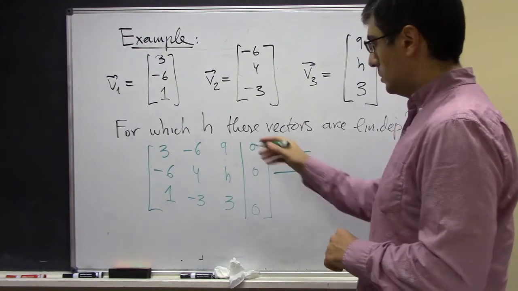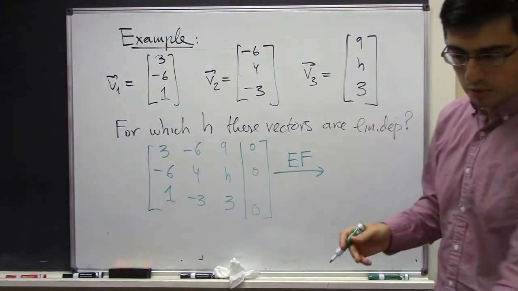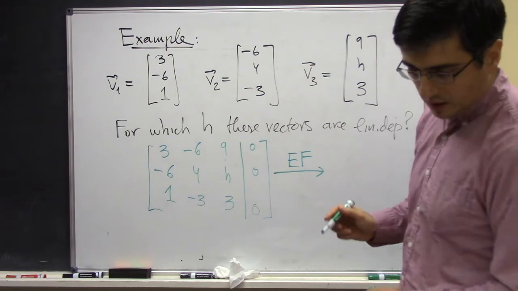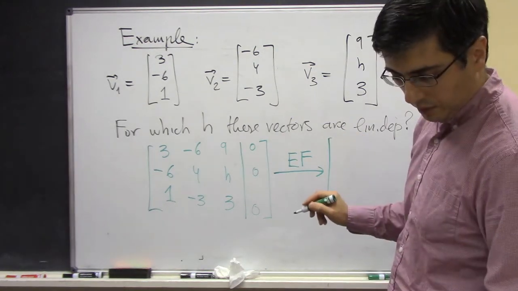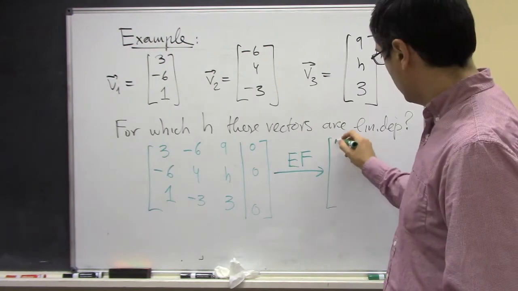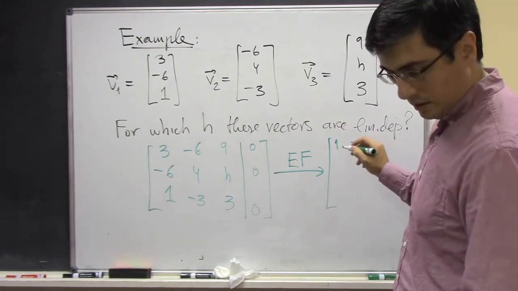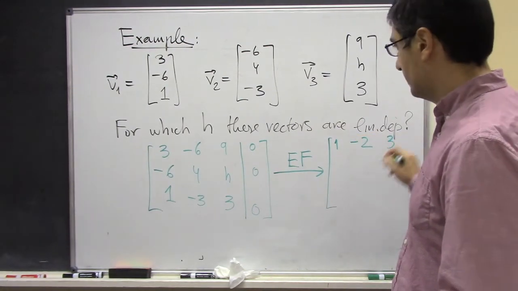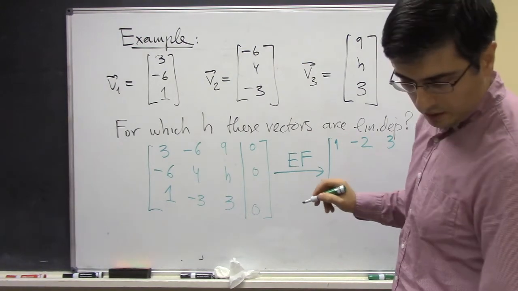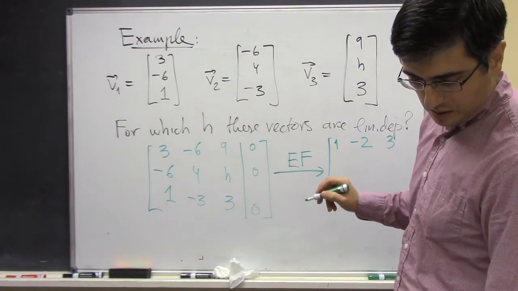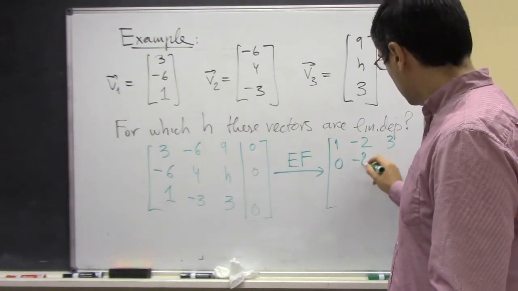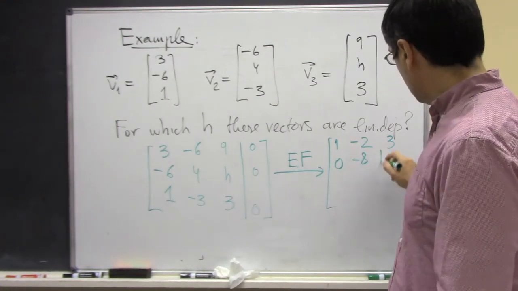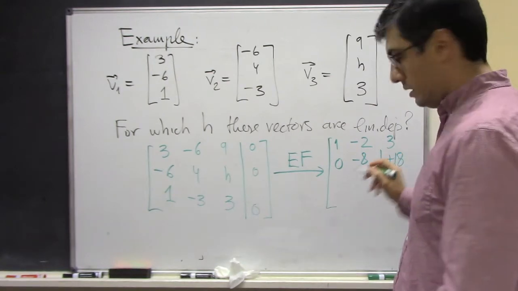I will skip the steps that give you the echelon form and write it immediately in the following form. So this is 3, then 0, -8, h plus 18.